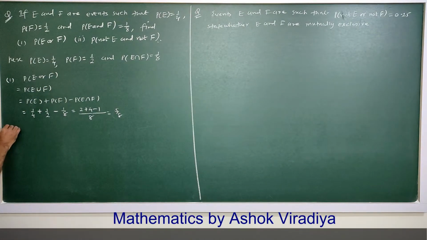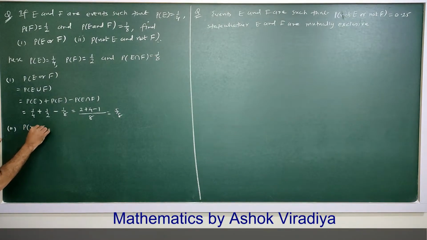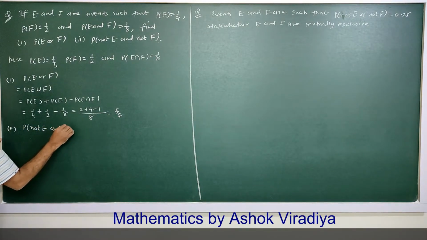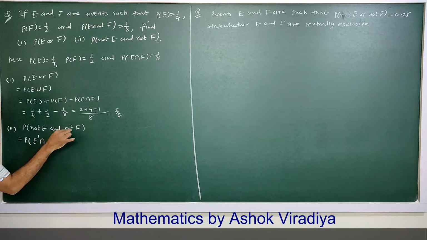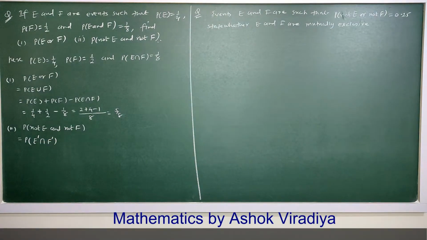Second is probability of not E and not F. Probability of not E and not F, that means E dash and, meaning intersection, not F, that is F dash.